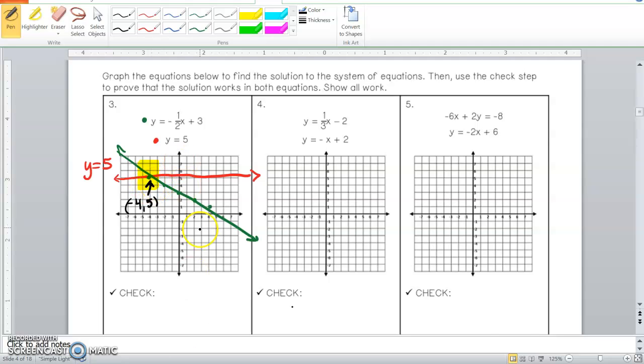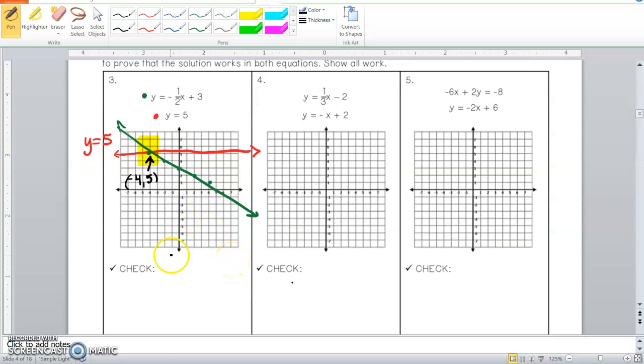So if I needed to check my work, what I would do is substitute (-4, 5) into my two equations. My first one was y equals -1/2 times my x value plus 3. -1/2 times -4 gives me a positive 2 plus 3, and 5 does equal 5.